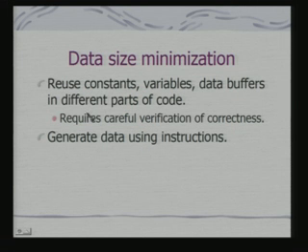So, variables and data buffers you need to reuse at different parts of the code. The other strategy which is followed in many of these embedded systems is to generate data using instructions. That means you get a task node for generating data using instructions. Okay. So, if you need some special kinds of instructions for an application, try to model the data using instructions.